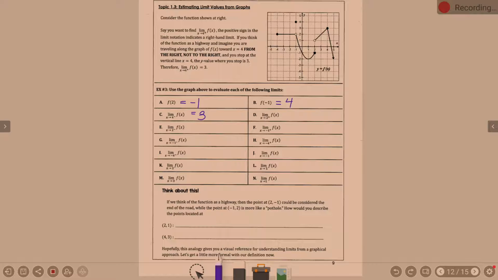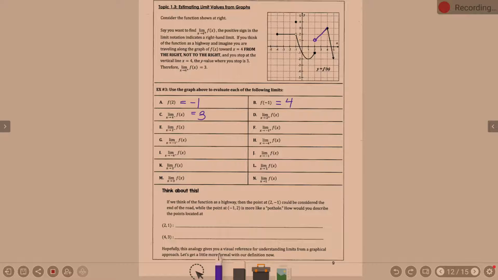Not -1. +1? Why +1 as opposed to -1? Ah, okay. So here's the deal. As we approach 2 from the right means we're coming from here, yes? My first thought was Gracie just went from the wrong direction. But it's not that she went from the wrong direction. Here's the deal. What y value are we approaching?